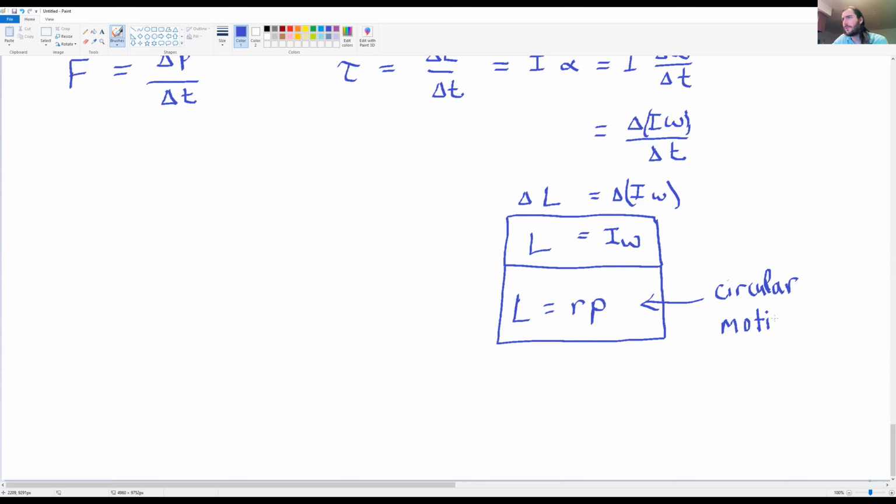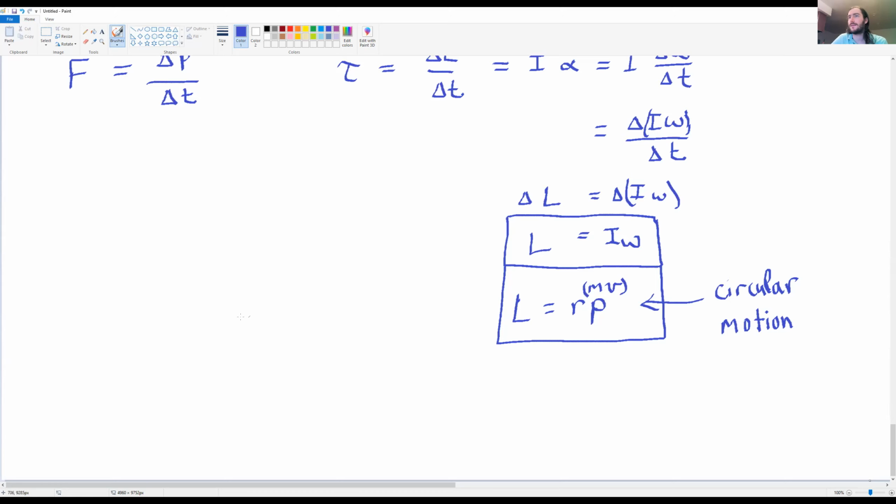It's actually a little bit more general than that, but if we want to go outside of circular motion, we have to use a radial vector and the momentum vector. And so that's going to complicate things a little bit. So we could replace P with M times V. And then we have a nice little formula for the angular momentum in terms of the mass, the radius of the motion, and the velocity.